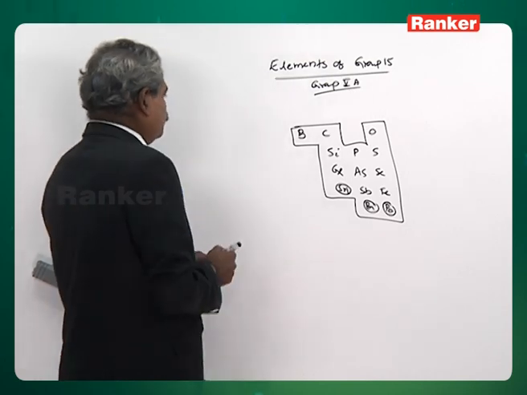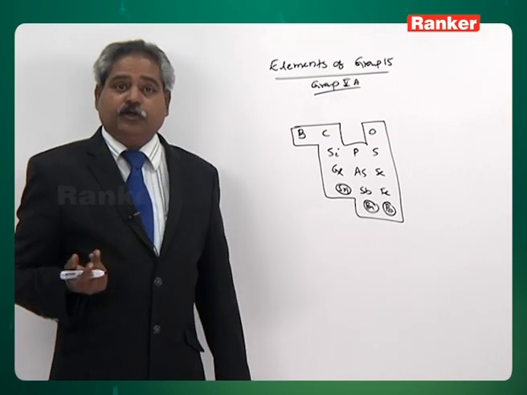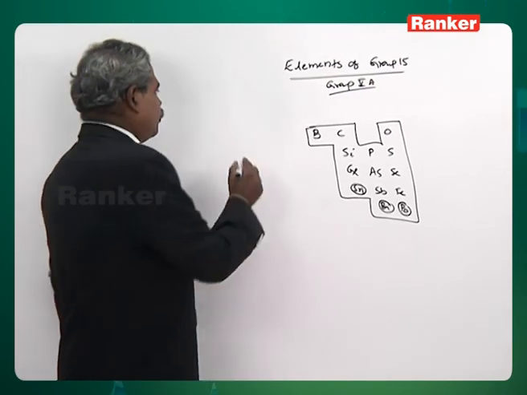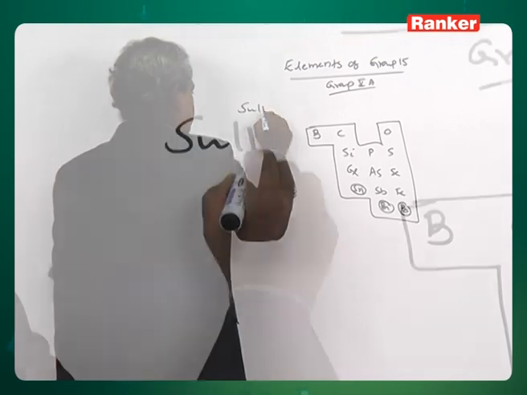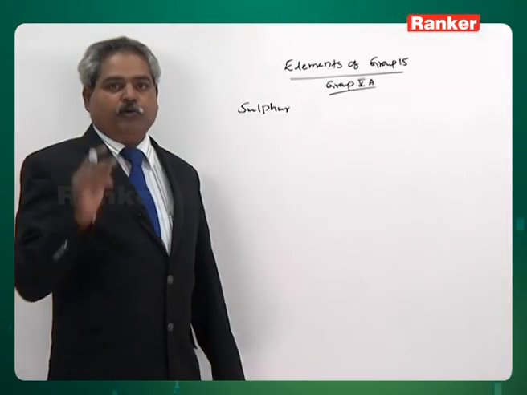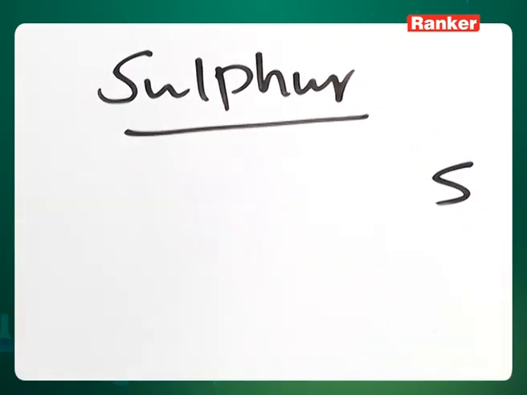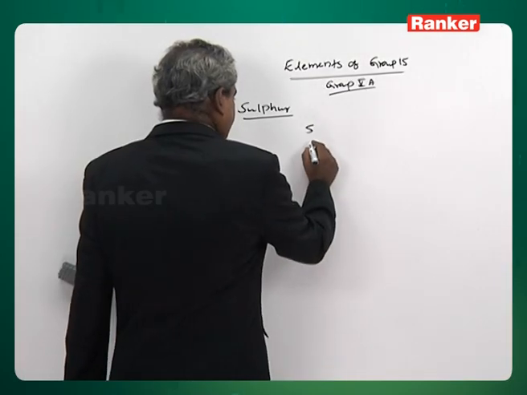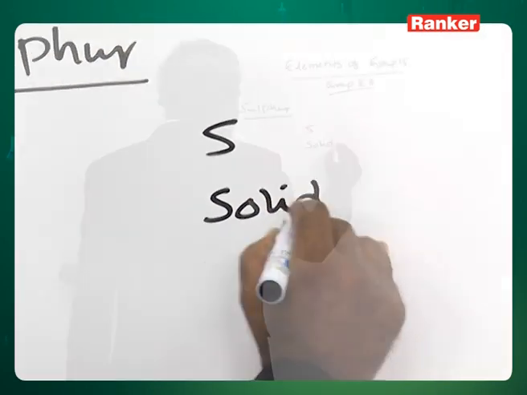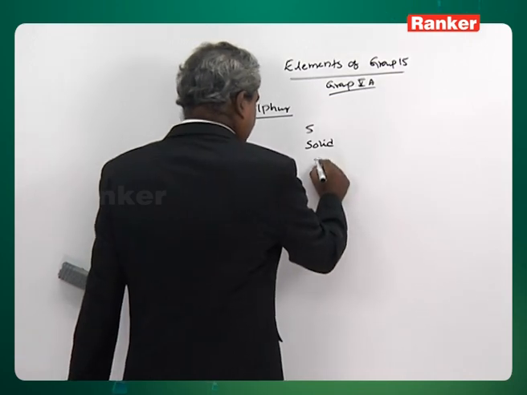So, if I ask you, what do you know about a particular element? At least you have so many things to talk about. What do you know about sulfur? Its symbol is S. Sulfur is a solid. Of course, it's a powder, amorphous solid. It's a non-metal.